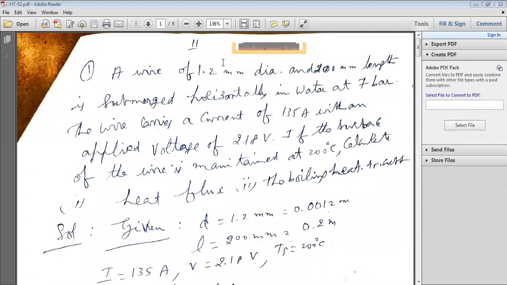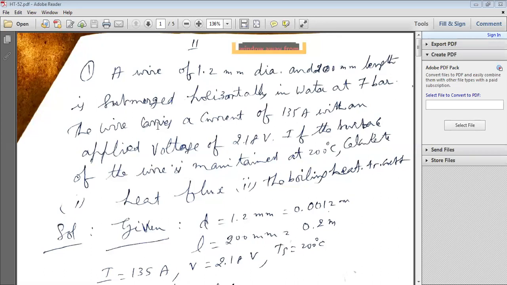A wire of diameter 1.2 mm and length 200 mm is submerged horizontally in water. So the liquid medium is water, and we are heating that wire. Water pressure is 7 bar. The wire is just like an electrical wire, a copper or aluminum wire inside insulation.